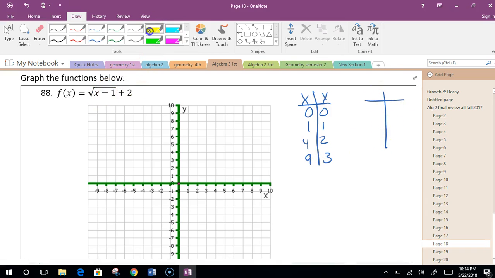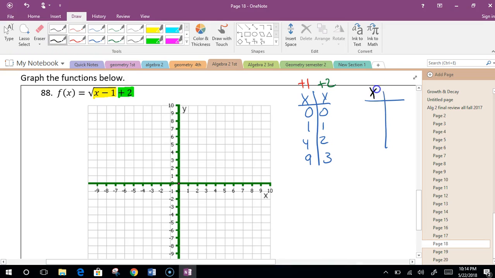But this right here tells us that we need to shift all of the x numbers up by 1. And this right here tells me that I need to shift all of my y numbers up by 2. Remember, whatever's in the radicand, you do the opposite.